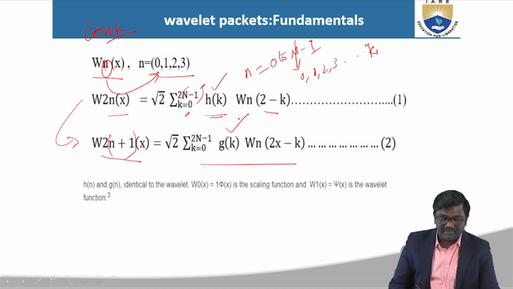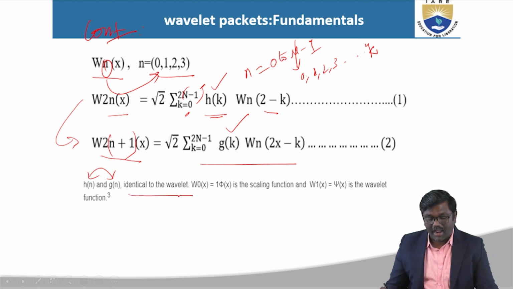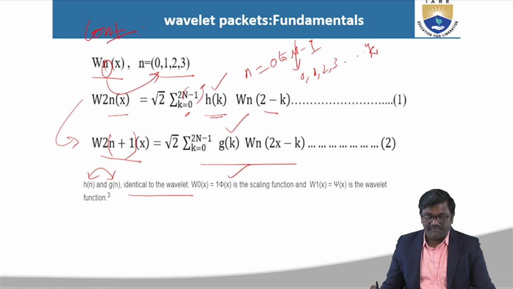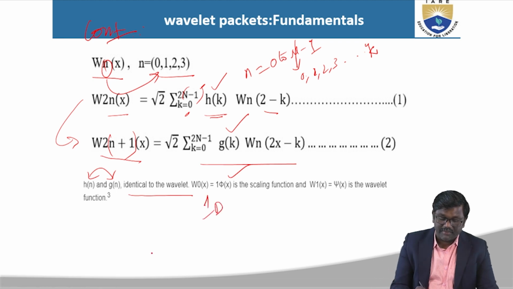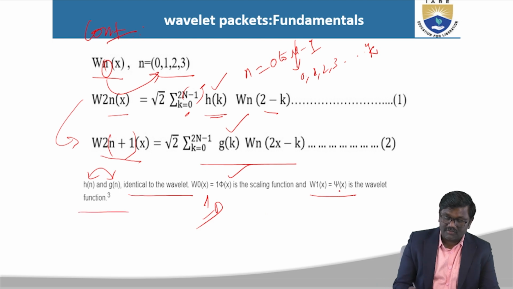So what do you want to understand between these two, h of n and g of n? Those are identical to the wavelet, and we find your approximated function phi of x in terms of the 1D scaling function, and we'll get phi of x in terms of wavelet transformation.